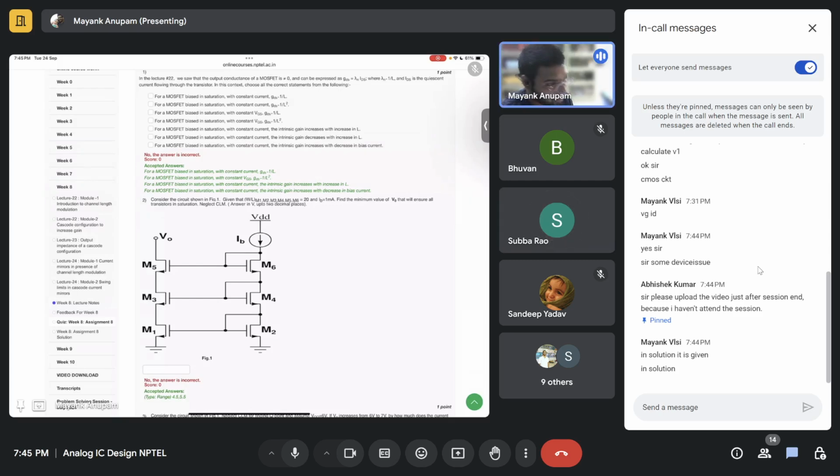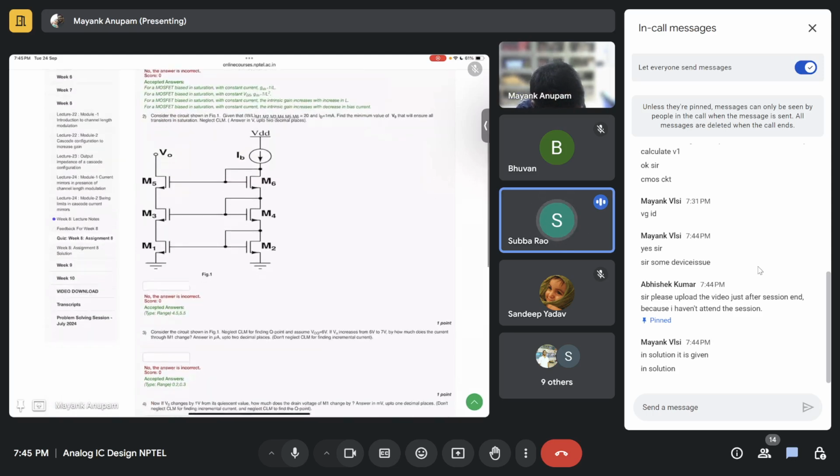V1 is voltage of what? Sir has explained for two transistors, so there he has assumed that, but I'm not getting that exactly.